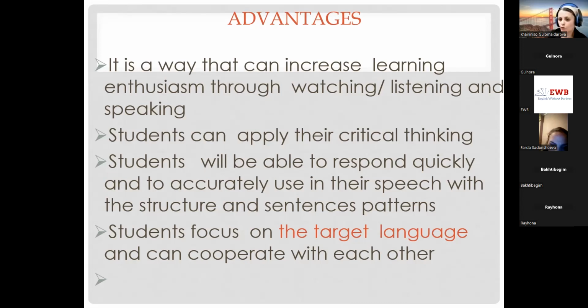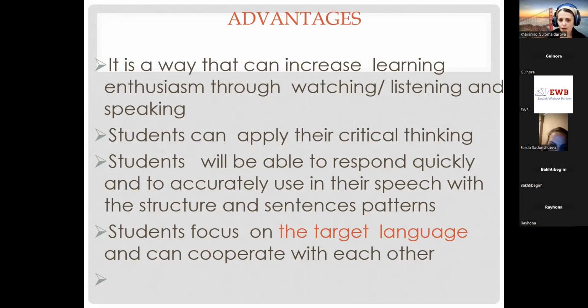If you are sure that your students know a little bit about, for example, the first conditional, you don't need to write the prompts. But if you think that the students are weak, and some students in the group will not be able to understand, you can write these prompts.